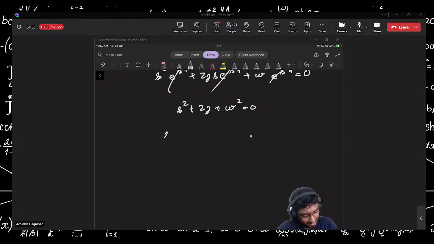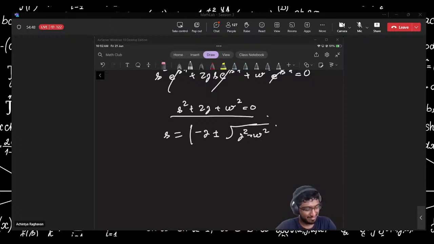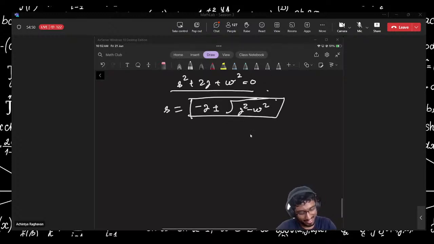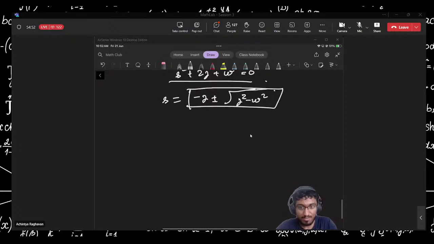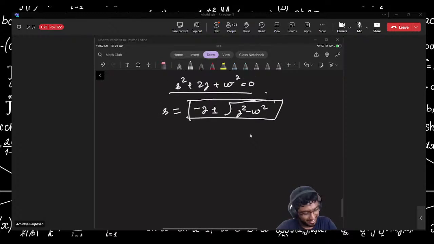This is a normal quadratic equation. Solutions are minus gamma plus minus root of gamma square minus omega square. You guys can verify, this is just the normal formula, minus b plus minus. Some of you would have seen this already. This is the damped oscillator.